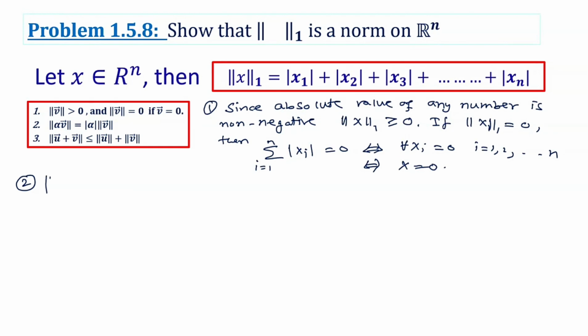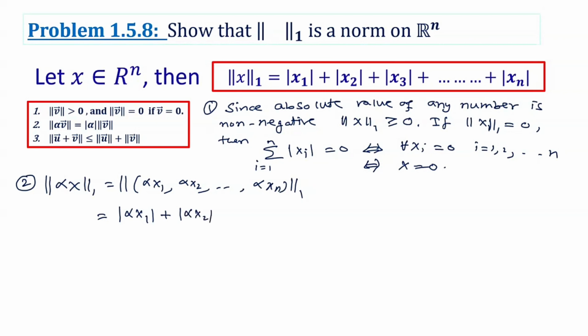Now we come to the second property, which is stated as the norm 1 of alpha x. When we multiply a scalar with the vector x, each component will be multiplied by alpha. So it is the norm 1 of alpha x1, alpha x2, up to alpha xn. With the definition of the norm, this is equivalent to the absolute value of alpha x1 plus the absolute value of alpha x2 plus so on, up to the absolute value of alpha xn.